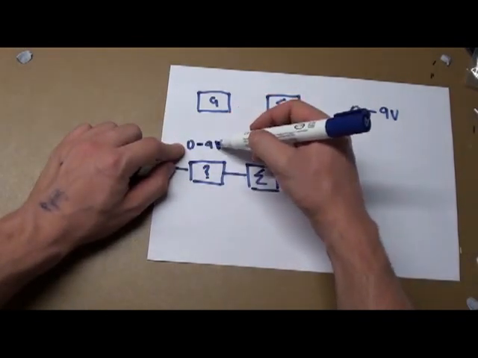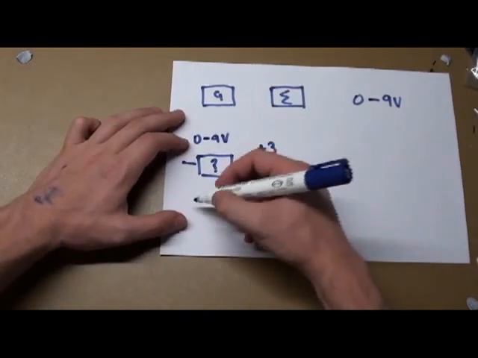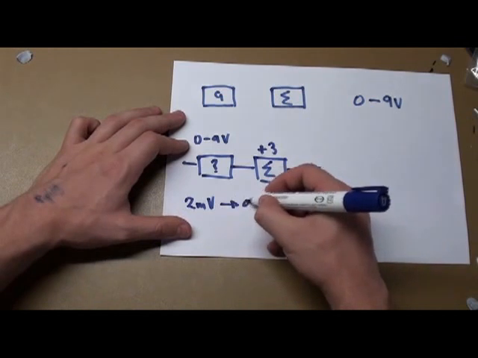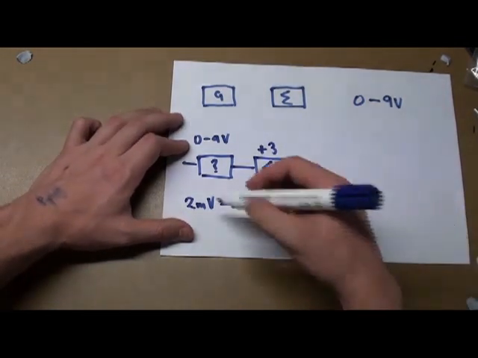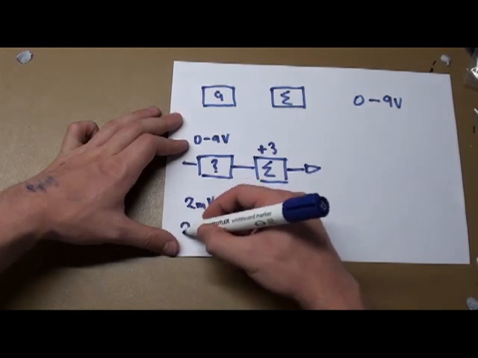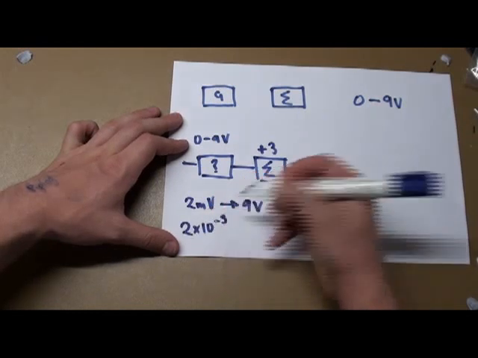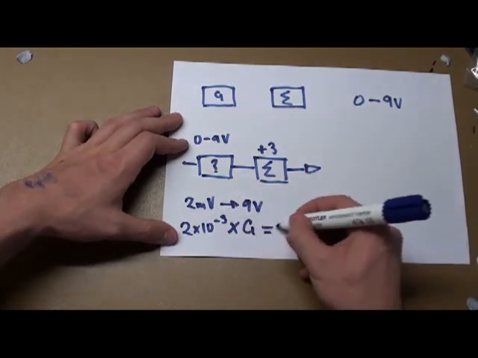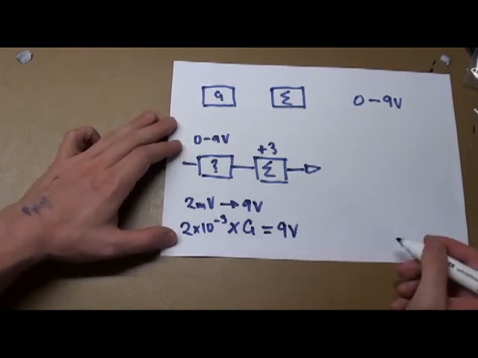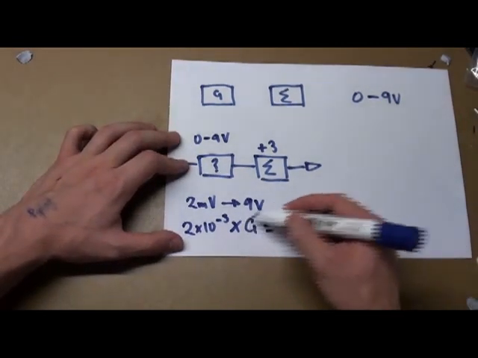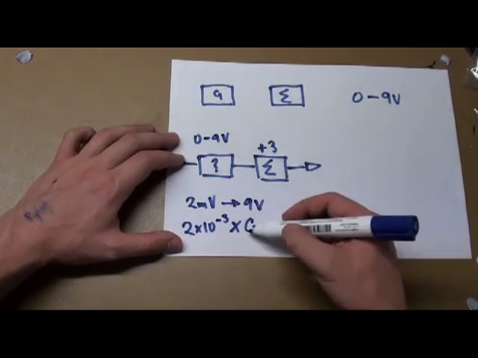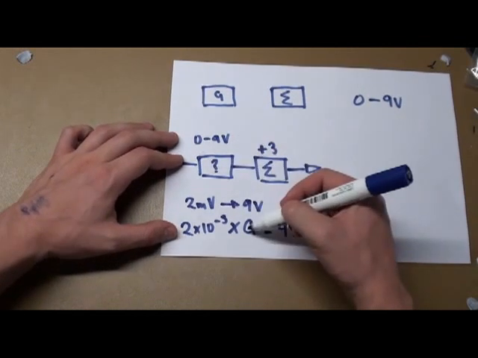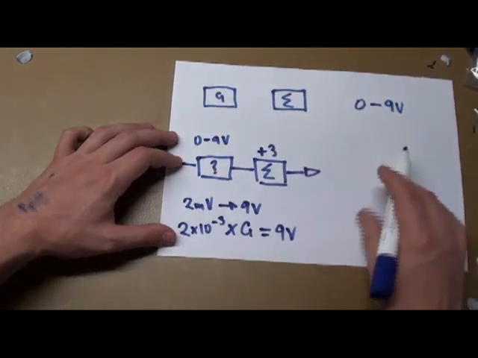What we need to do to get it up to 9 volts is realize that if we have 2 millivolts and want 9 volts, then there's some factor G such that 2 times 10 to the negative 3 volts times G equals 9 volts. So really, we want to find out G, and I'll leave that one up to you. Essentially, we want to make this block a gain block, so it multiplies the voltage in by G, and then we have our plus 3.